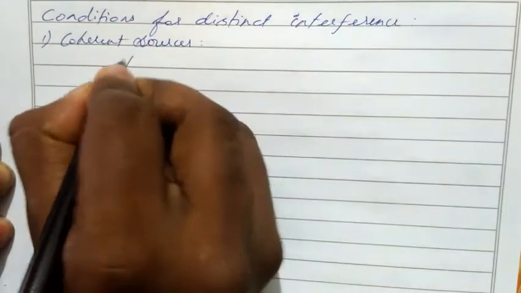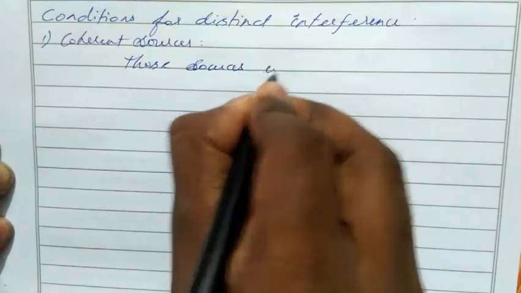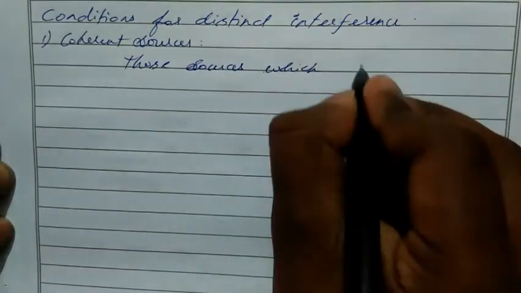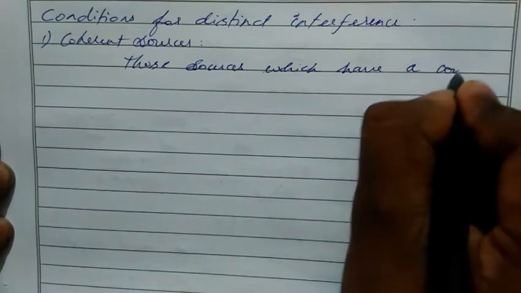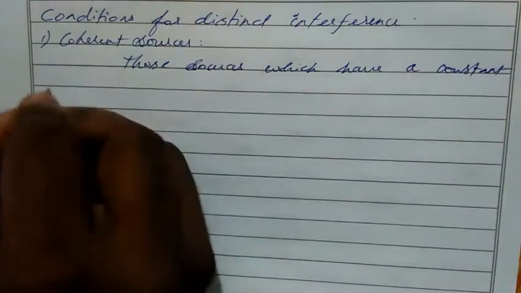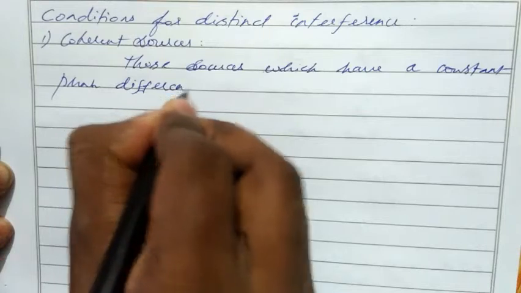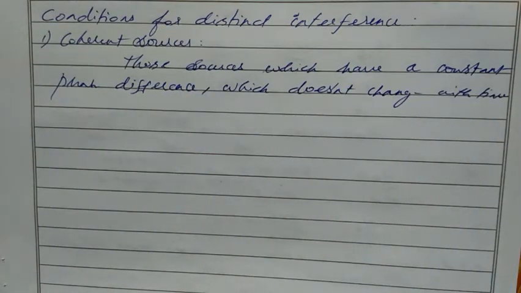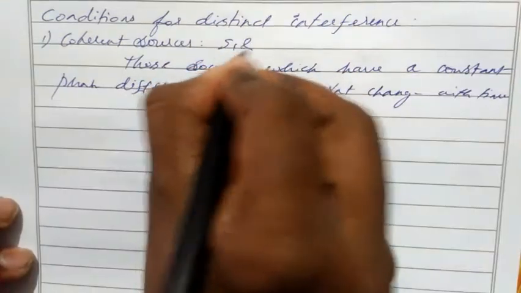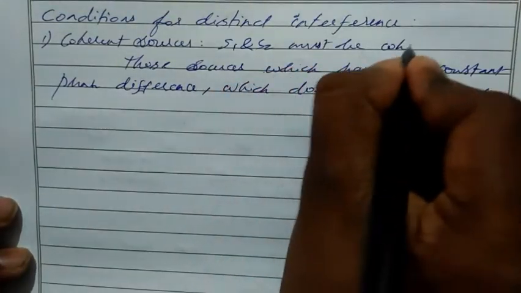Those sources which have a constant phase difference which does not change with time. So that is coherent source. So our source S1 and S2 must be coherent sources.